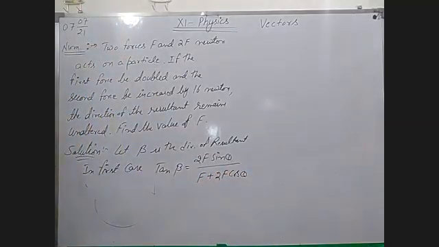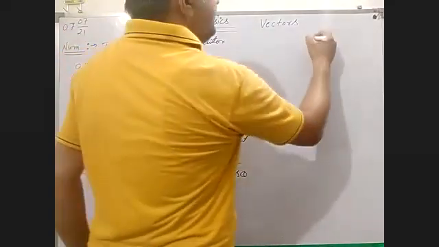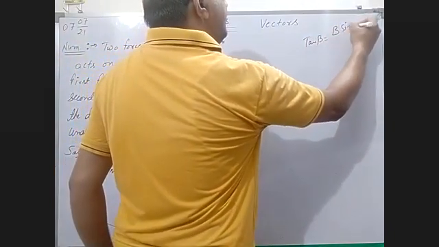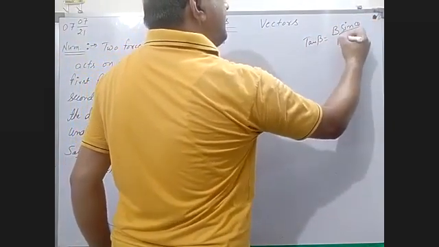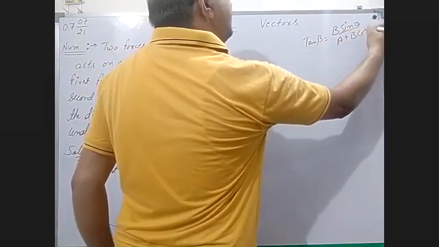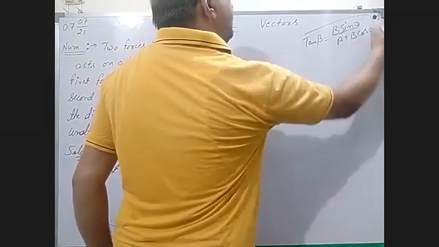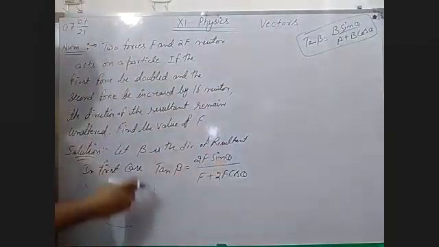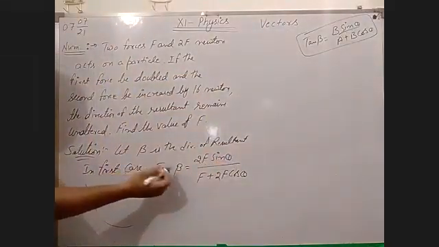Yes, this is the formula. As you know, tangent beta is equal to B sine theta upon A plus B cos theta. By this, you can write the first case value of tangent beta.